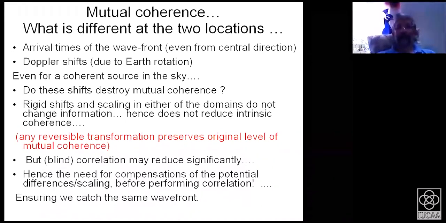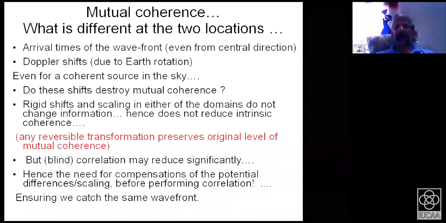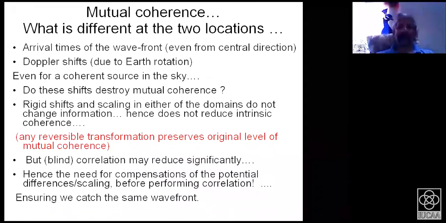And this is what we actually do. When we receive radiation at the two locations, blind comparison might be misleading. We might have a frequency shifted version of the original signal because of the Doppler shift. We might have a delayed version of it because of the space path, that extra path that things need to travel.